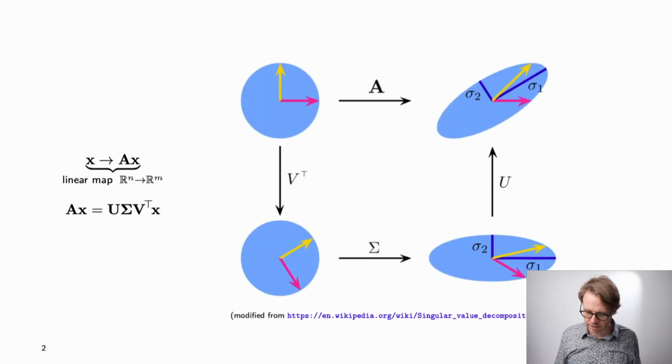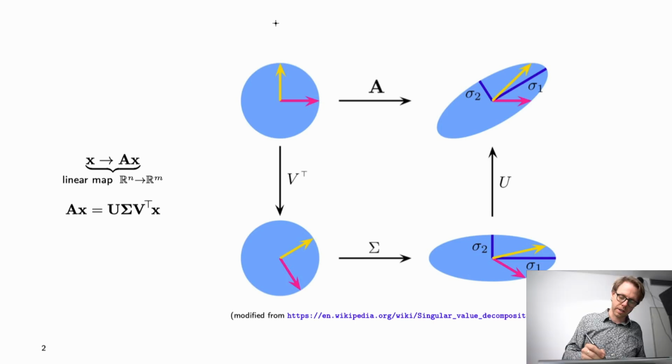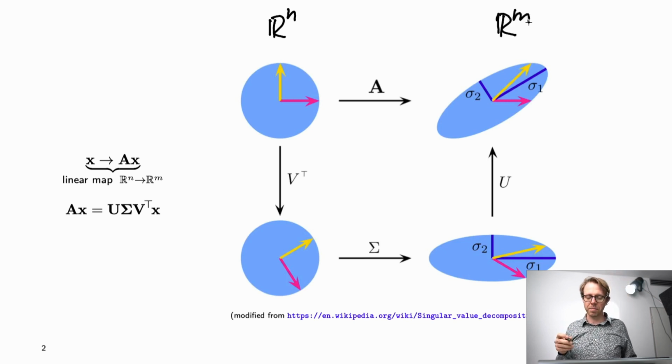So if we look at what happens to this set of vectors if we multiply it by A, in this example we're going from Rn, where n equals 2, to Rm, where m also equals 2.